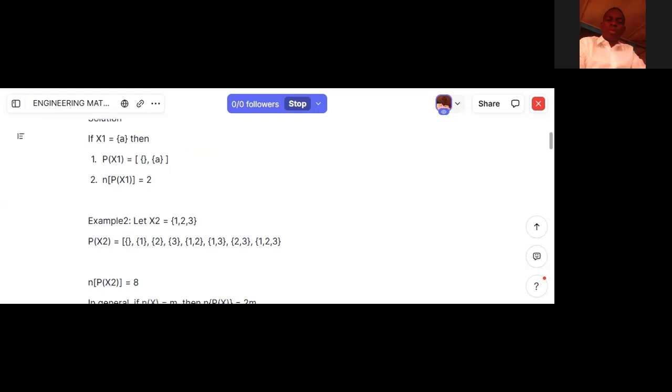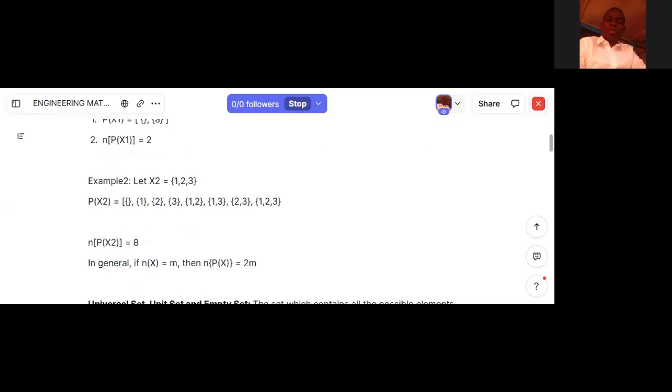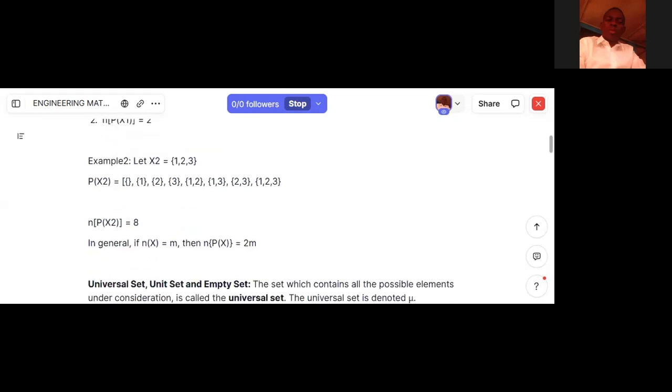There's a second example on the screen, where X2, with a subscript 2, that's the right notation for that, contains elements 1, 2, and 3. X2 contains elements 1, 2, and 3.